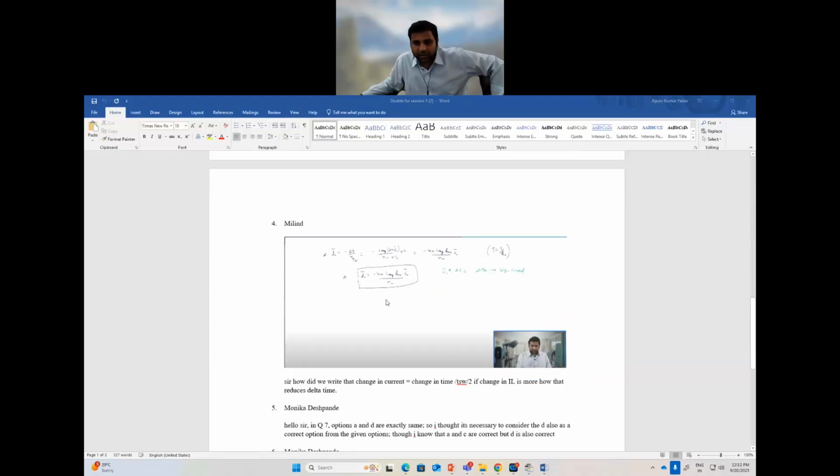Then there was another question: how did we write that change in current is equal to change in time? What I'm trying to say in this part is, whenever there is a change in the current, there will be a change in the time period between T2 and T5, which corresponds to the duty loss. Now that time is there, we have to find out how that change will reflect in terms of the duty ratio.